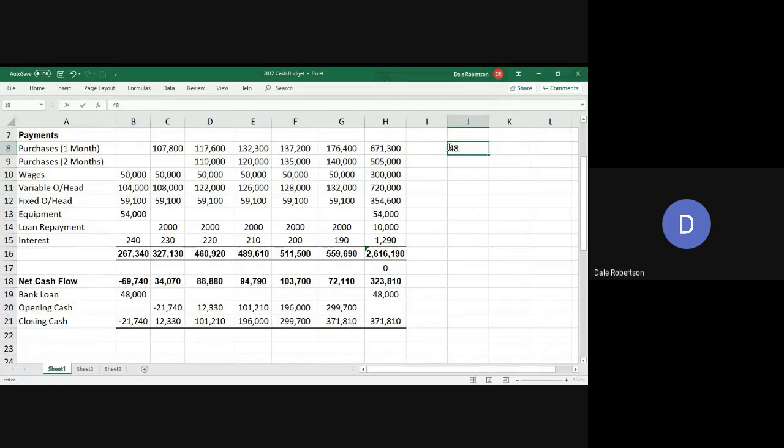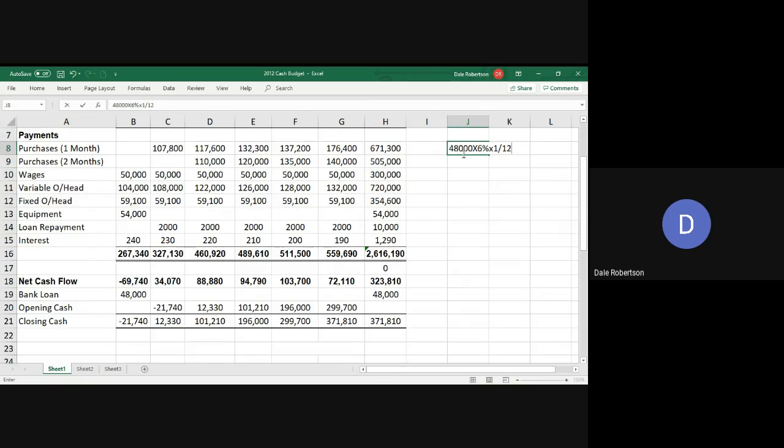This is 48,000 multiplied by the rate of interest, which is 6%, multiplied by 1/12 to get 1 month. And when you work that out, you're going to get that €240.